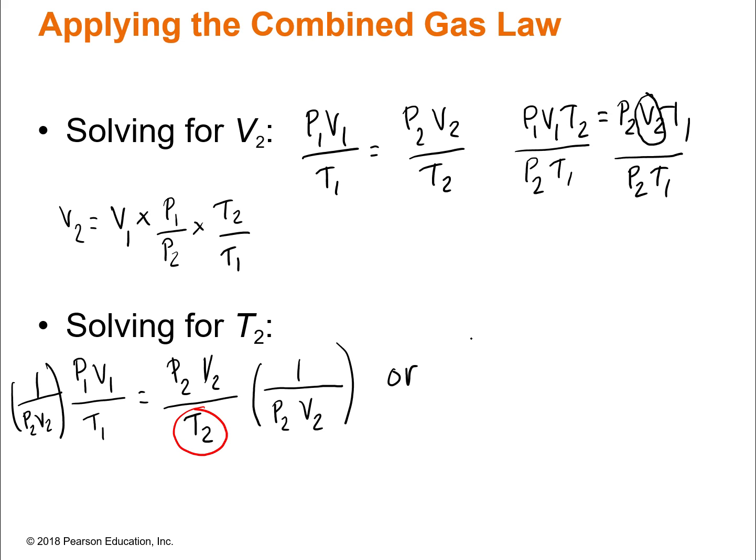You can also do the cross multiplication first, and then solve for T2. This way is easier, but you'll get to it the same way no matter how you do it.